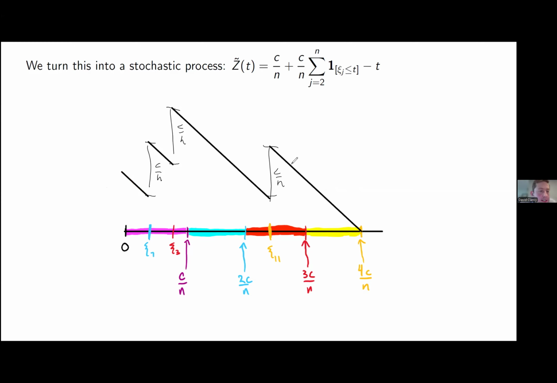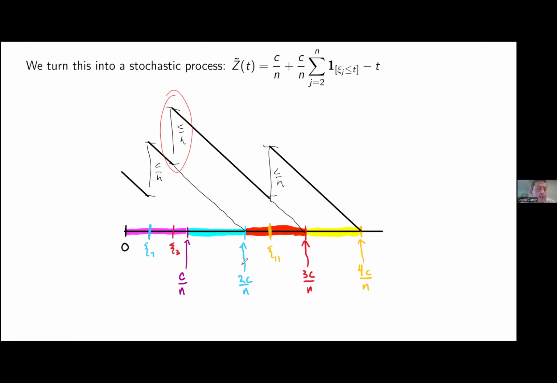And if we did the same game of extending each of these lines until they hit 0, then if we had never discovered vertex 3, we wouldn't have seen this second jump. Maybe let me use a different color. We wouldn't have seen this jump. So we would have hit 0 at time 2c over n, which would be c over n times the number of vertices in the component.